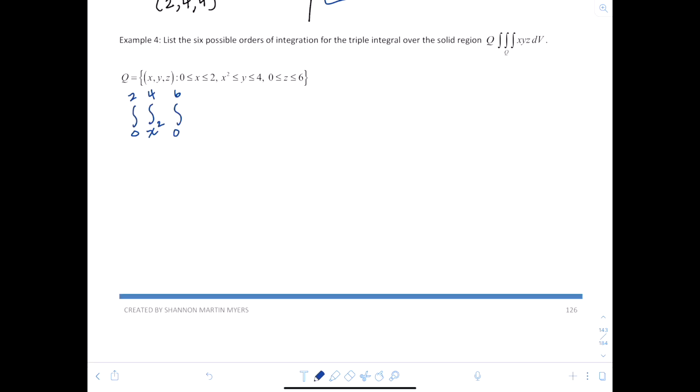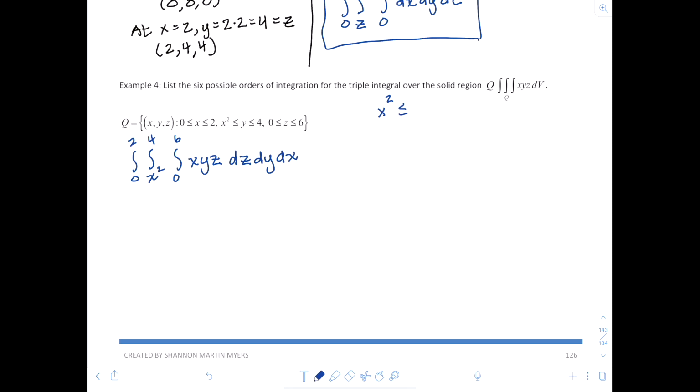So our f of x, y, and z is x times y times z, and we've got dz, dy, dx. x squared is less than or equal to y, which in turn is less than or equal to 4.